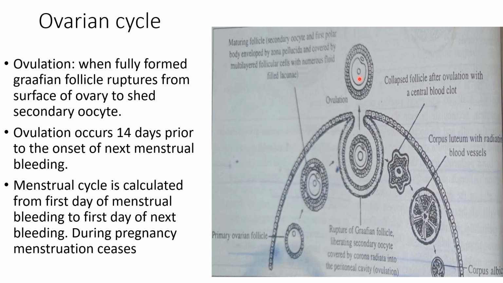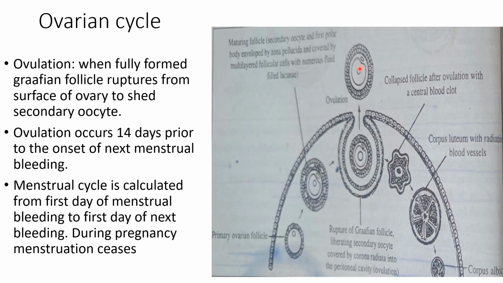It will reach the ampulla of the fallopian tube, and if fertilization occurs within 24 hours after ovulation, then the second meiotic division is completed, and this secondary oocyte will give rise to two daughter cells.